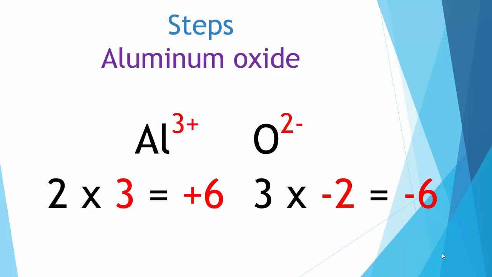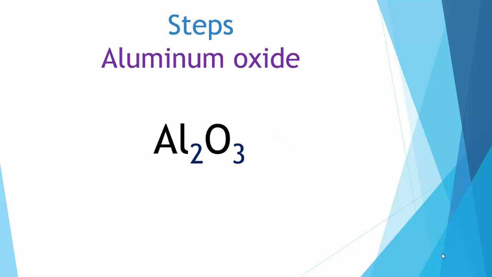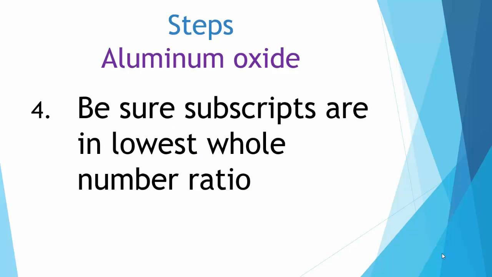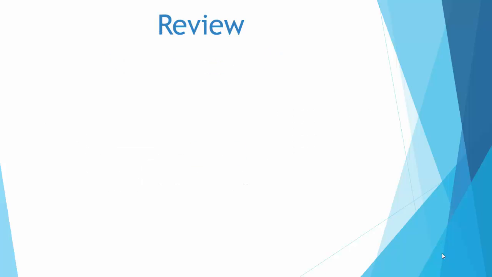Plus 6 is canceled out by minus 6. So if I have 2 aluminums and 3 oxygens, my charges will balance. So I write this as Al2O3. Once again, we are in the lowest whole number ratio. So that's your final answer. So that's how you go from name to formula for ionic compounds with monoatomic ions.